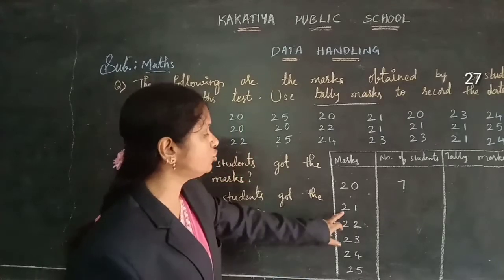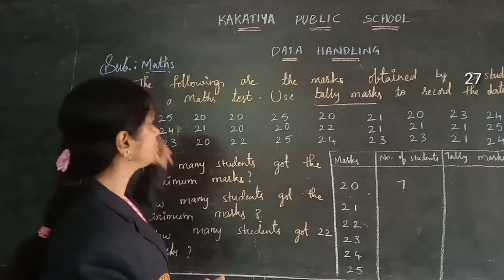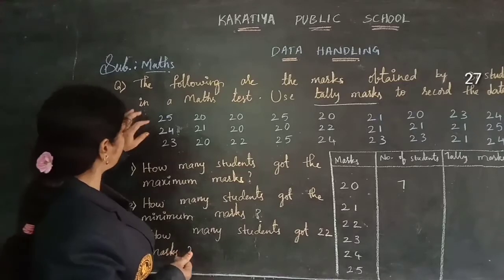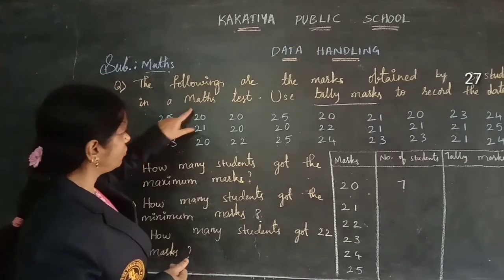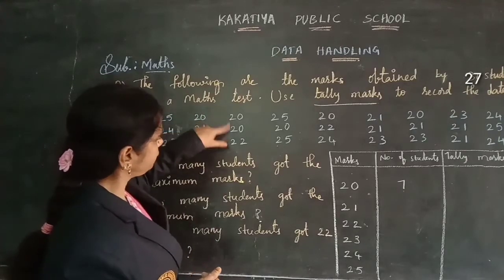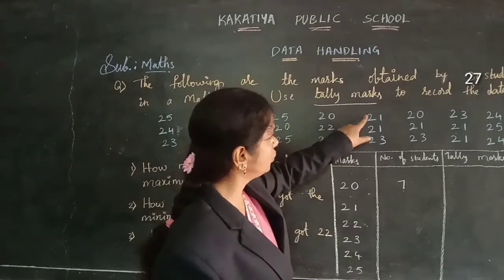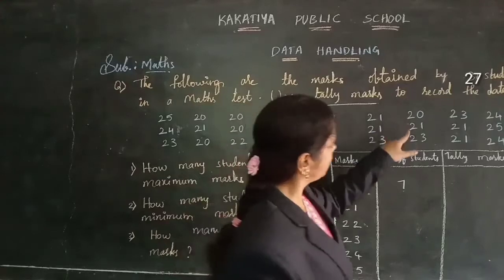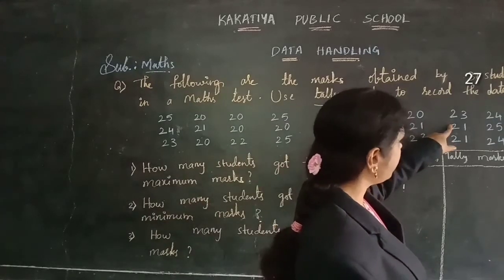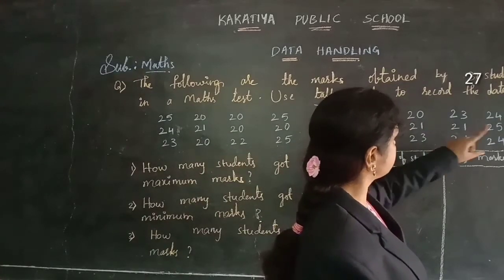Coming to 21 marks. How many students got 21 marks? Wherever you have the 21 you need to count. 1, 2, 3, 4, 5, 6.